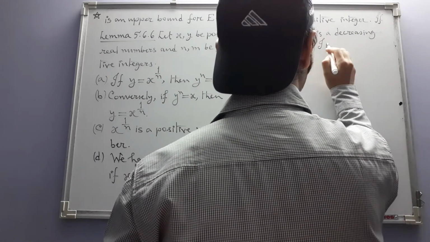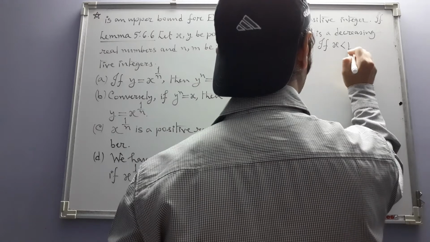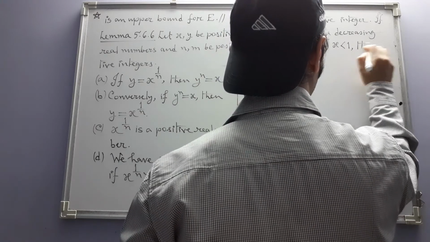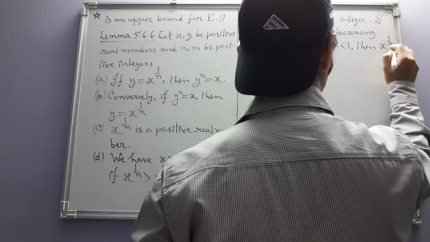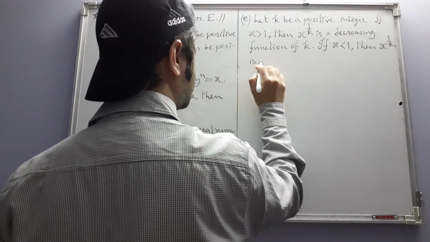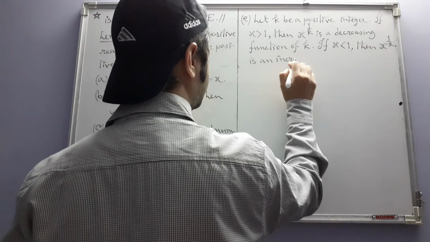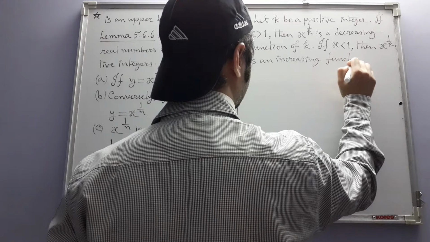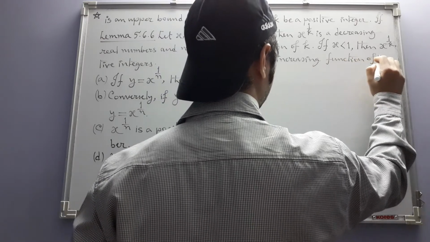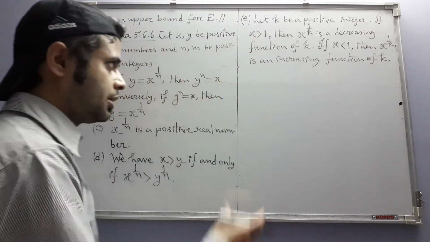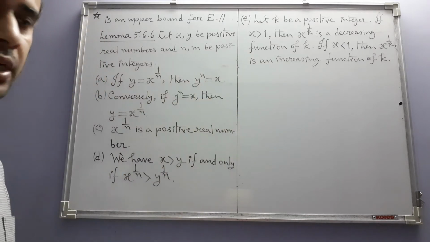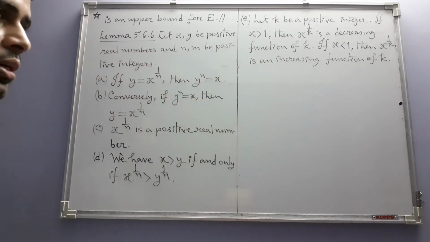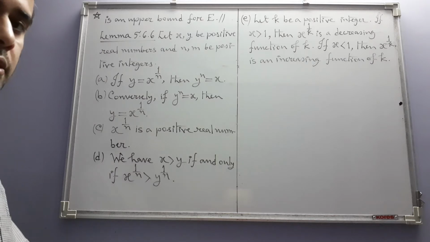If x is less than 1, then x to the power 1 by k is an increasing function of k. So say if x is 1 divided by 2, then its square root is less than its cube root, which is less than its fourth root.